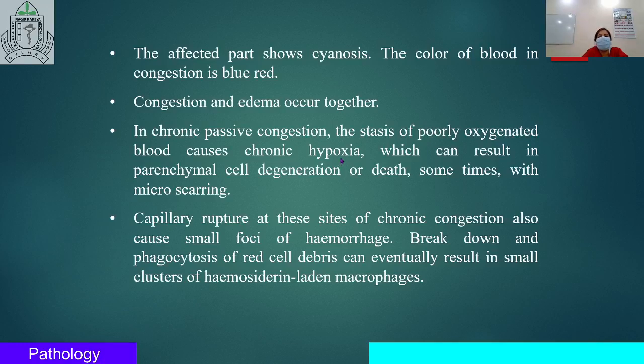It is like mathematics. As there is prolonged duration and the area is congested, we already know what congestion is: there is collection or stasis of blood, and this blood is poorly oxygenated. As a result, the tissue develops chronic hypoxia.